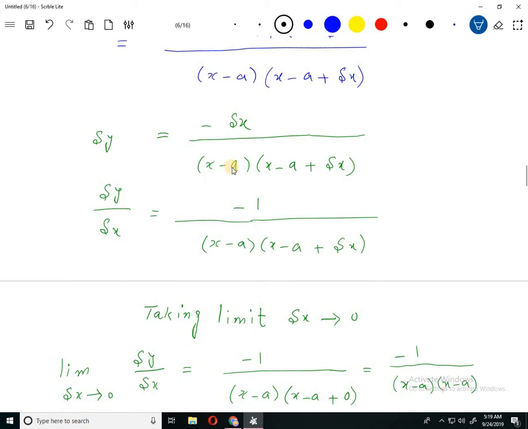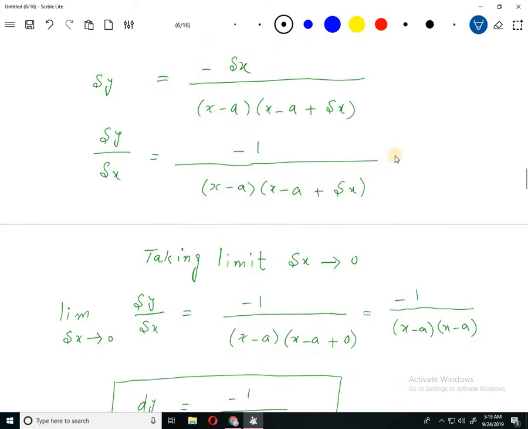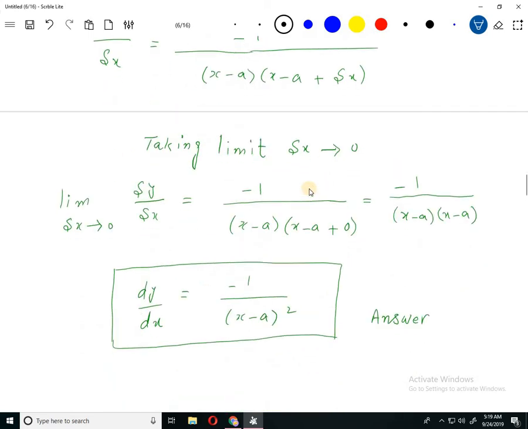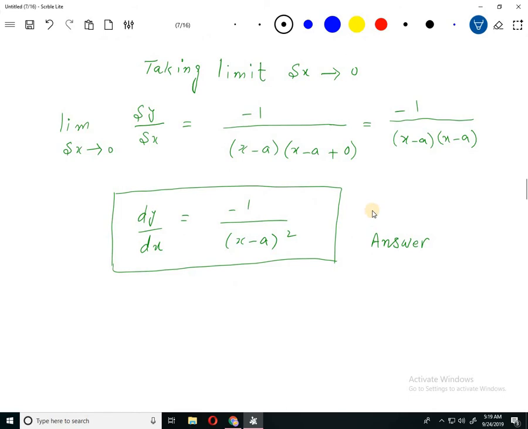Now after dividing by delta x on both sides, I reach this point. Now taking limit as delta x approaches 0, and applying the limit, I got the answer, this one.